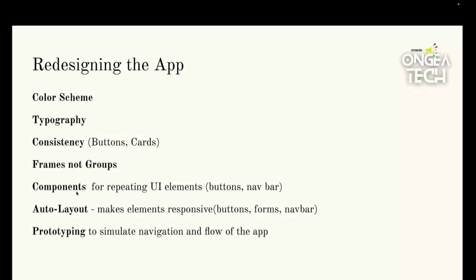Another thing is components. I don't know if you guys are familiar with components on Figma, but we can create one and then reuse it. A good one that we need to create is the navigation bar. We know that the navigation bar will be there all the time, regardless of whether we are in the trash window, the tasks window, or the profile window.